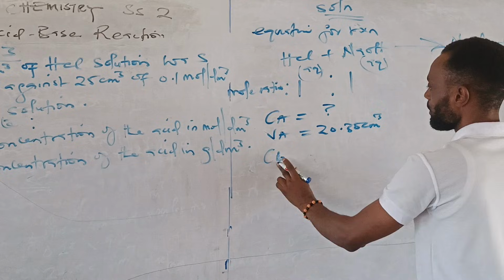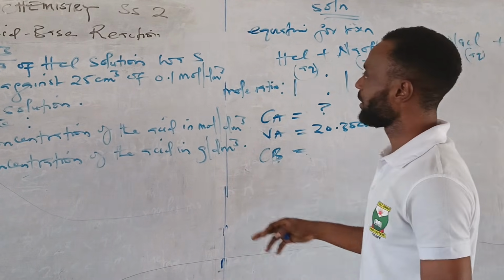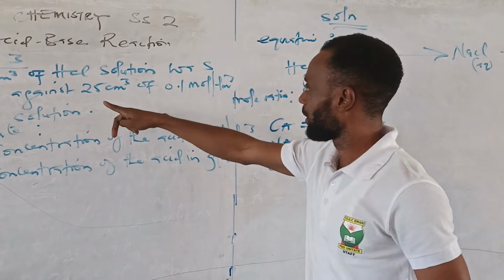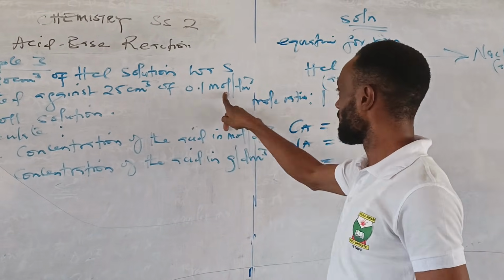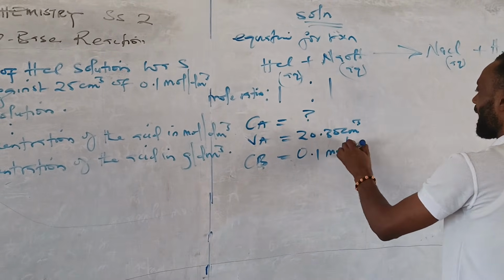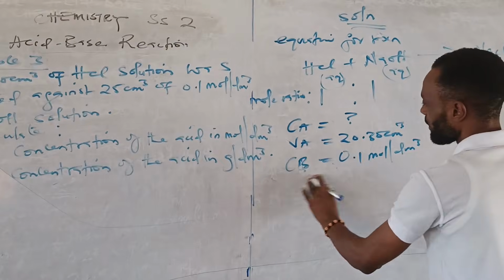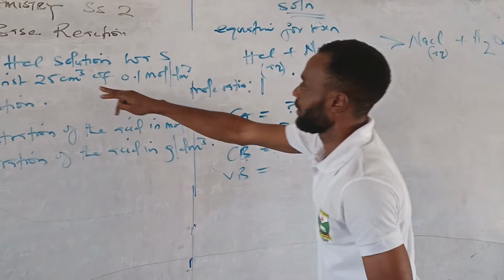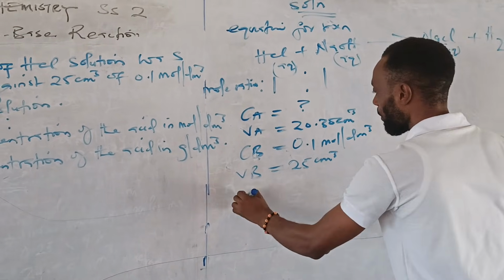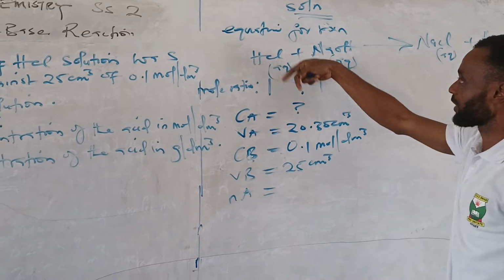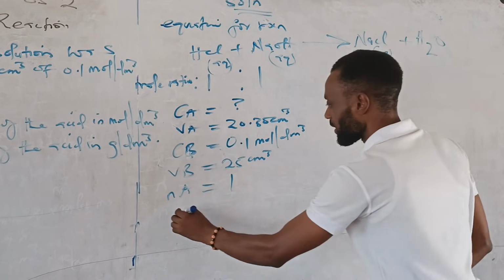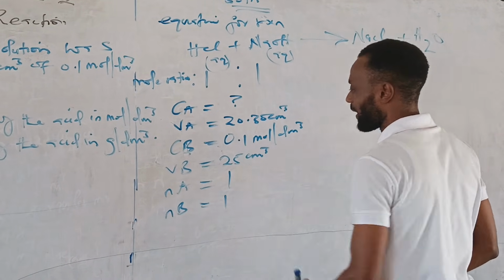And then we have our Cb, which is the concentration of the base. The question says titrated against 25 cm cube of this, so the concentration of the base is 0.1 mole per dm cube, while the volume of the base is 25 cm cube. And then the number of the acid we have just figured out from the reaction is 1, and the number of the base is also 1.